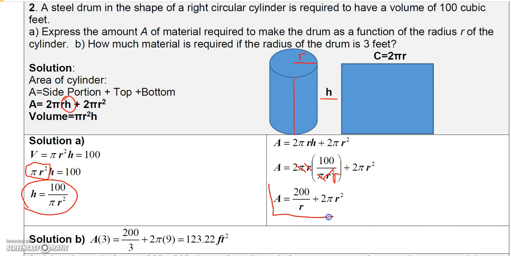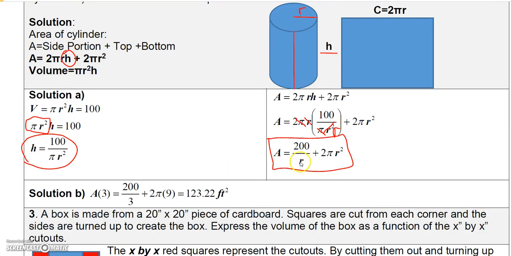So now we have the function here written solely in terms of r, and so the area is 200 divided by r plus 2 pi times r squared. So once we have this function, answering the second question is just a simple matter of plugging 3 in for r.